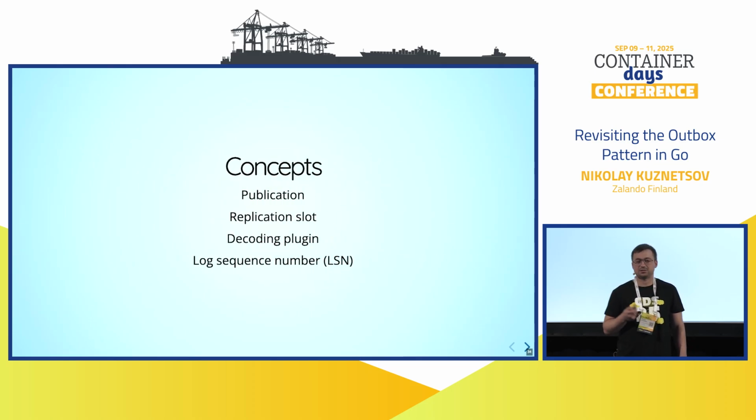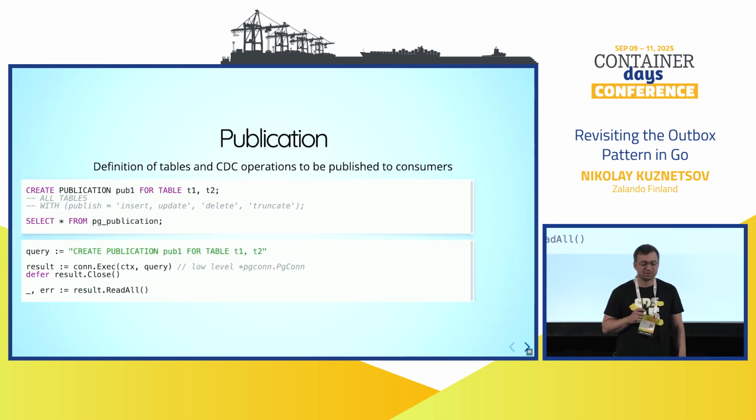This library is very nice for introducing some concepts about Postgres logical replication, but they can be applied to different databases. There is the concept of publication, replication slot, decoding plugin, and log sequence number. Let's start with publication. A publication is just a definition of the tables and operations which are going to be published to consumers.